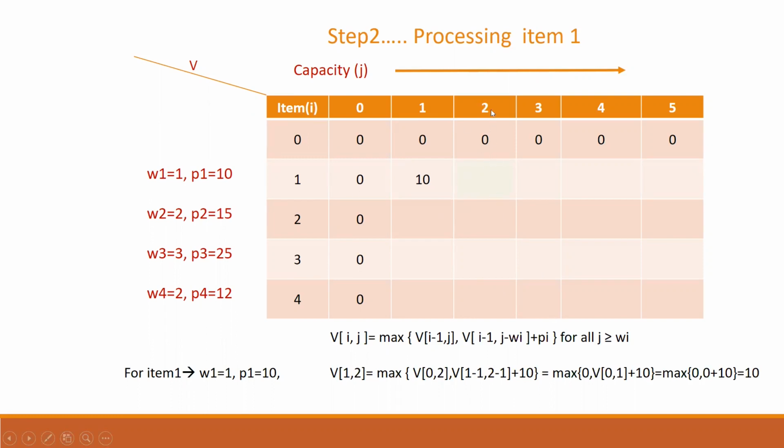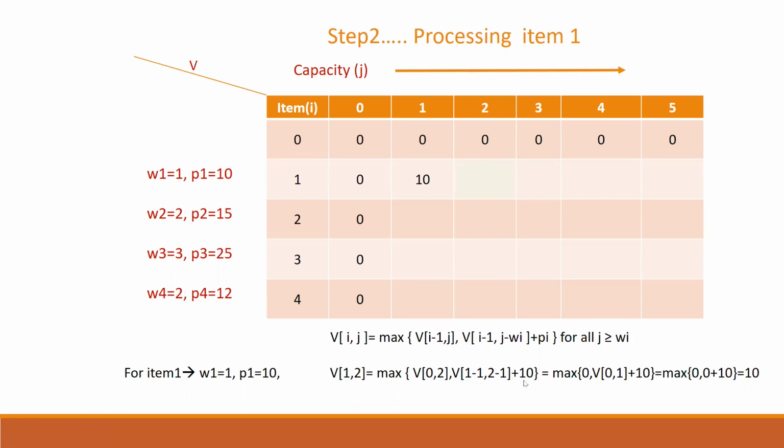That means we are checking whether the knapsack with capacity 2 kg can hold item 1 or not. Yes, definitely we can hold. Item 1's weight is 1 kg only, so this item can be put into the knapsack with capacity 2. Its profit is 10.